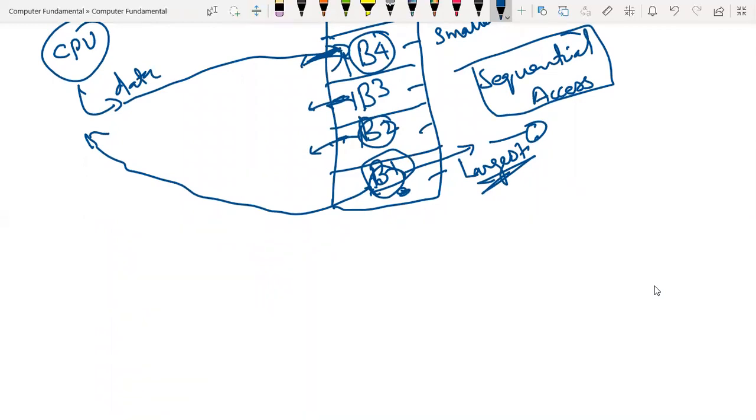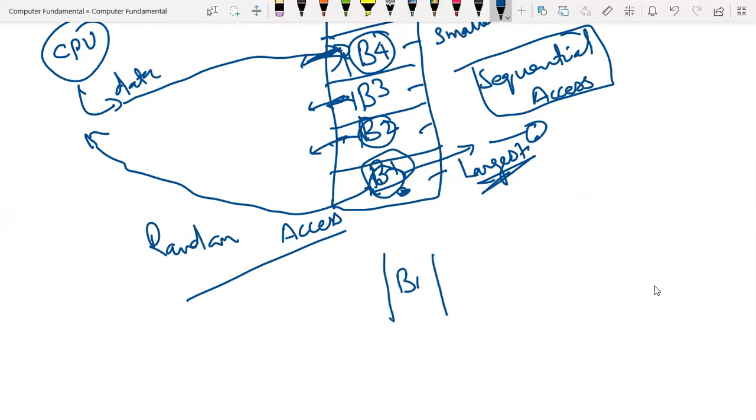So that is sequential access. Now, what is random access? Suppose the books are arranged like this. Here you put book 1, then book 2, then book 3, then book 4. Now to access book 4, you can directly take it without going through book 1, book 2, book 3.